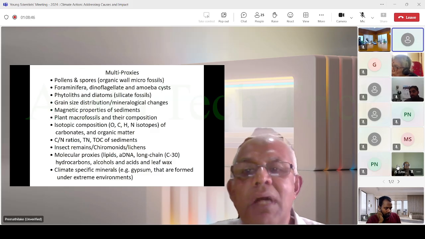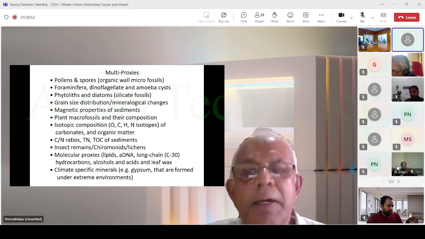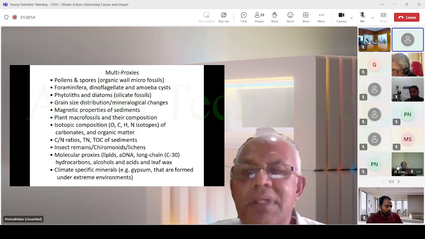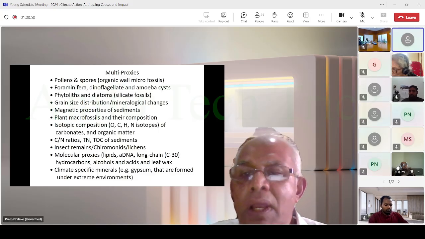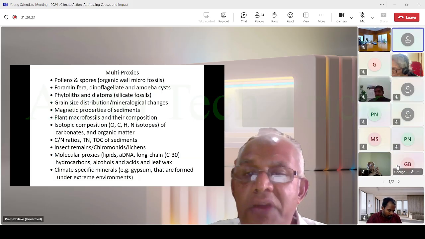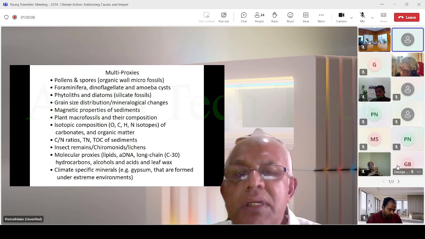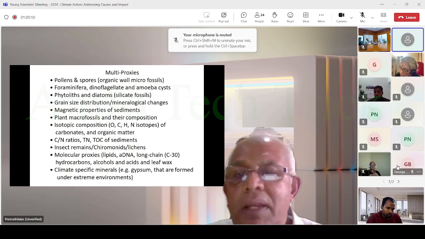A lot of people use isotope composition like oxygen, carbon, hydrogen, nitrogen, and many isotopes. And variations from organic matter, carbon nitrogen ratio, total nitrogen, and total carbon content of sediment are also important proxies when we work with paleoclimate science.